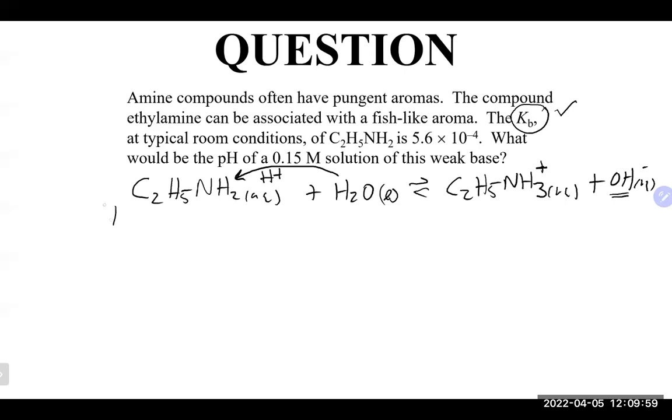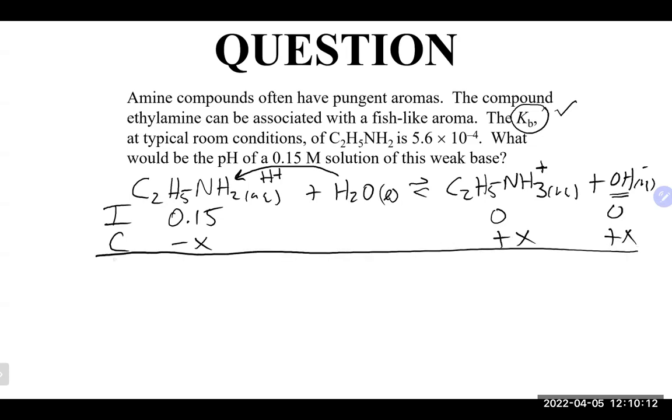We can do our initial ICE part here with our 0.15, nothing and nothing. We could do our change, which would be minus X, plus X, and plus X, and at equilibrium, 0.15 minus X, X, and X. Any questions on the ICE table, the equation?